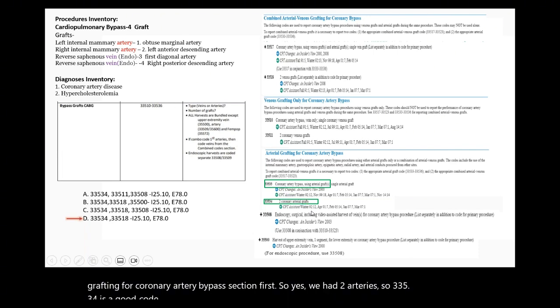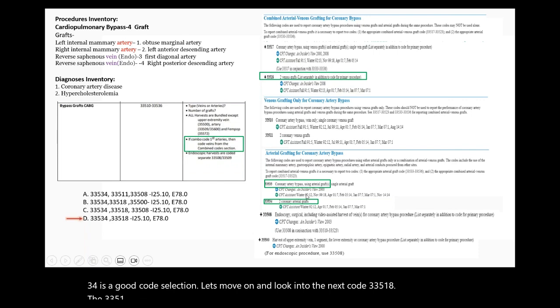Let's move on and look into the next code, 33518. The 33518 is also a good code selection. It is coding for coronary artery bypass using venous and arterial graft to venous graft.